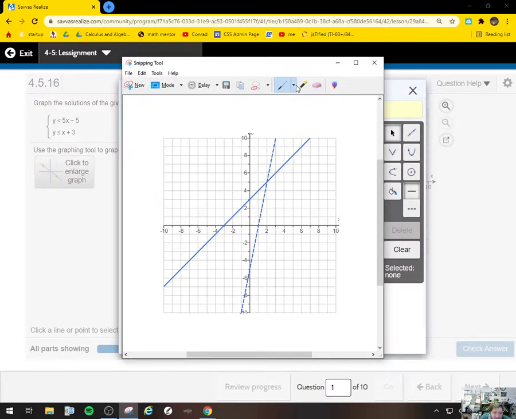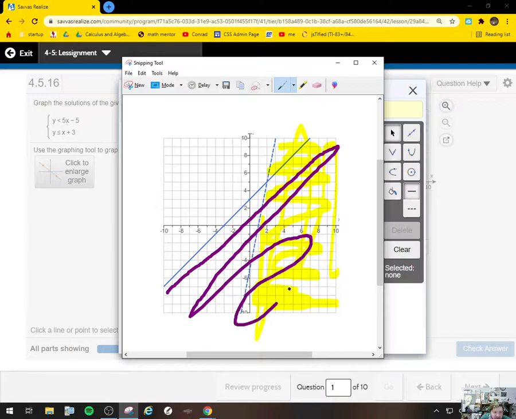So my first line, I am shading here. All this I'd be shading. My second line, it says I'm also shading underneath. So I need to ignore all of this coloring that I just did, and just focus on my second line. Oh, this one's also underneath. So that would be all of this.